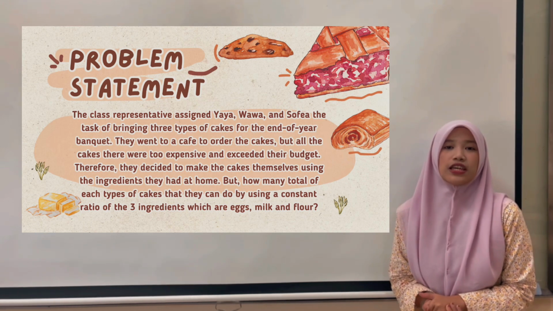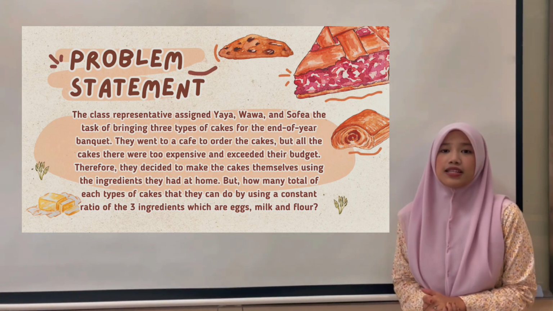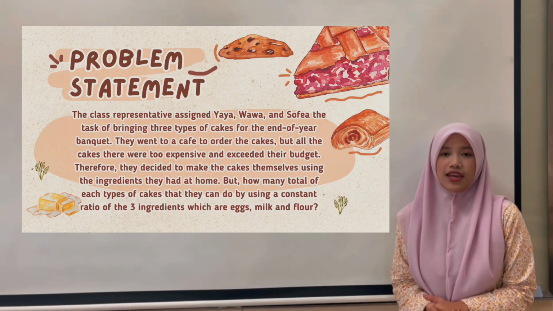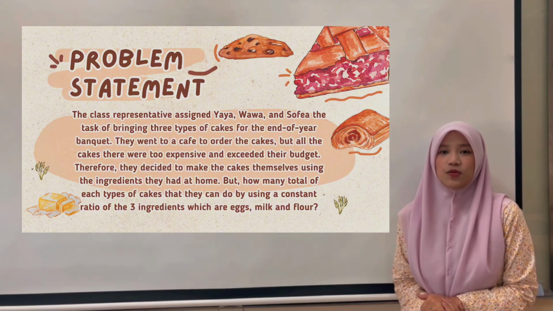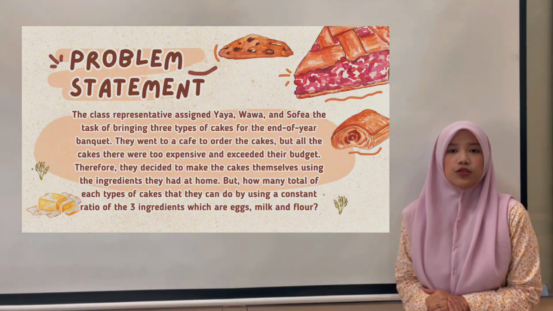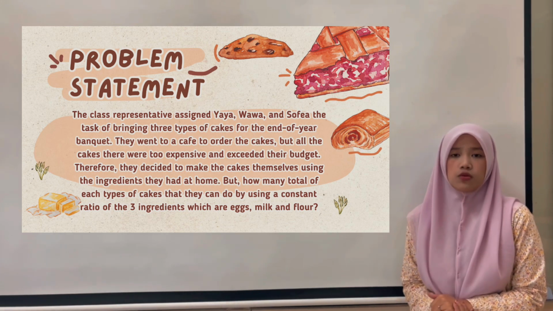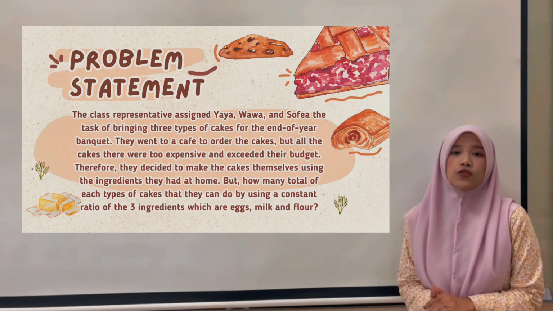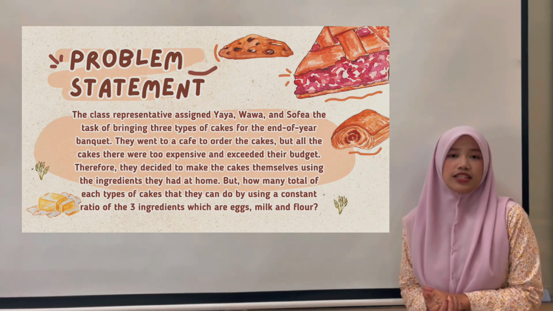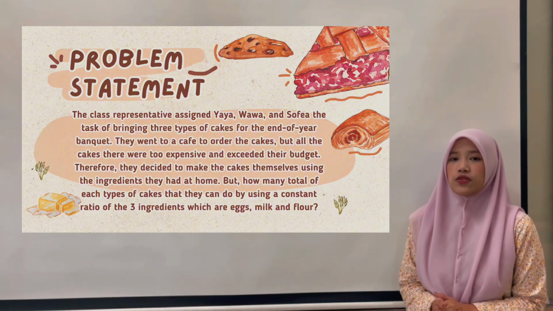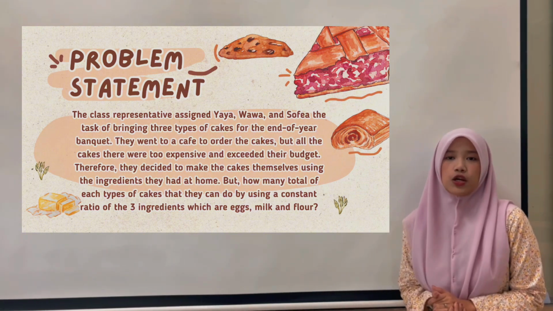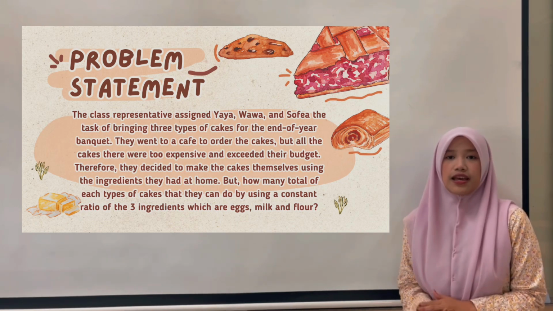We went to a cafe to order the cakes, but all the cakes there were too expensive and exceeded our budget. Therefore, we decided to make the cakes ourselves using the ingredients we had at home. But what total of each type of cake can we make by using a constant ratio of the three ingredients, which are eggs, milk, and flour?